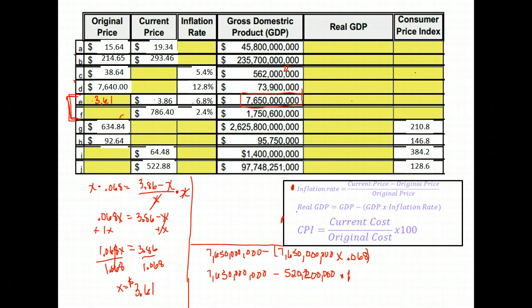Okay, we get a real GDP of 7,129,800,000. So many zeros. Okay, so that would go right here on my real GDP.